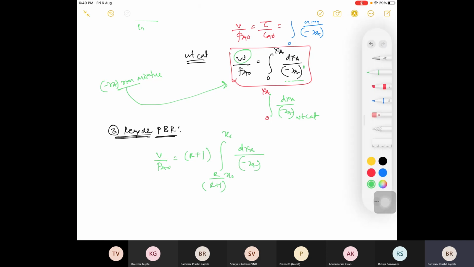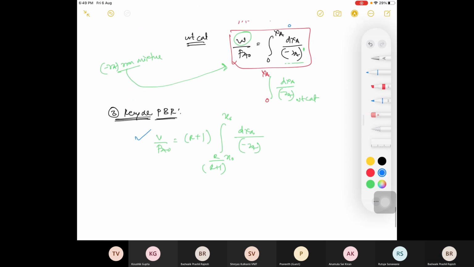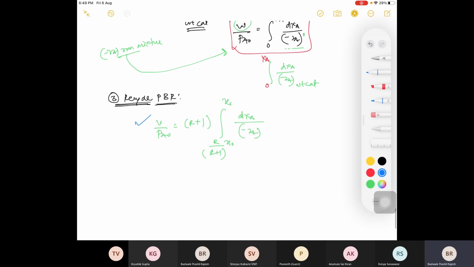This is my equation when I'm taking a homogeneous reaction. We derived this formula already in homogeneous CRE.